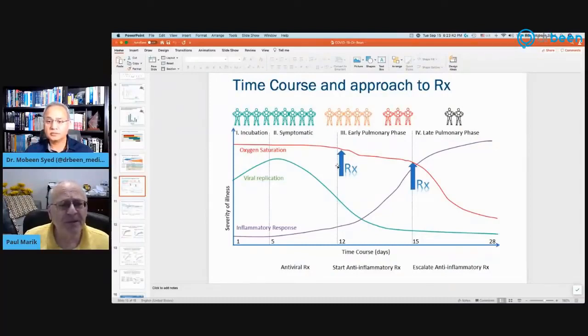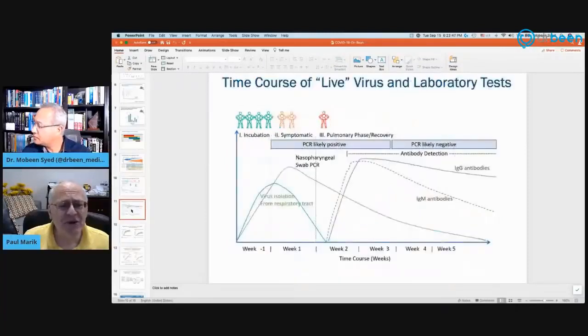Makes sense. Let's go to the next slide, which again shows it. So this is really, again, important because people get a PCR and they think that this is active viral replication. So this slide again shows you that the PCR likely is positive for 3 weeks, but the virus has stopped replicating.